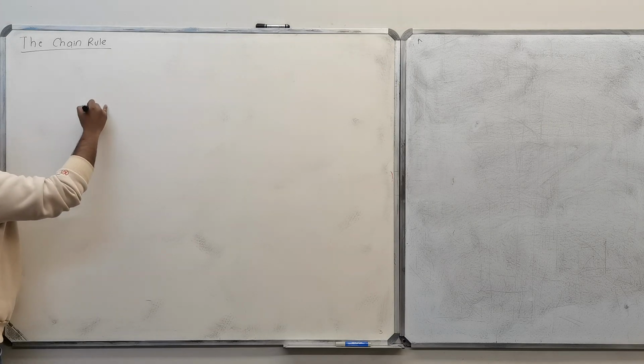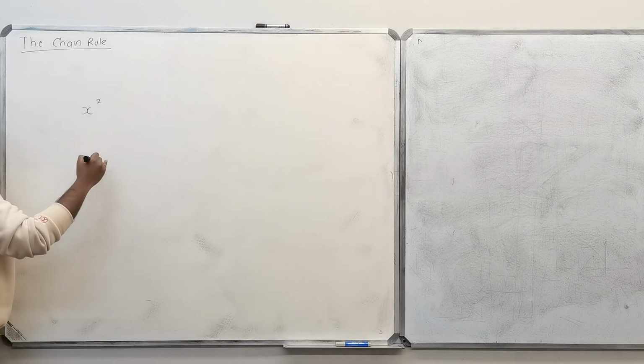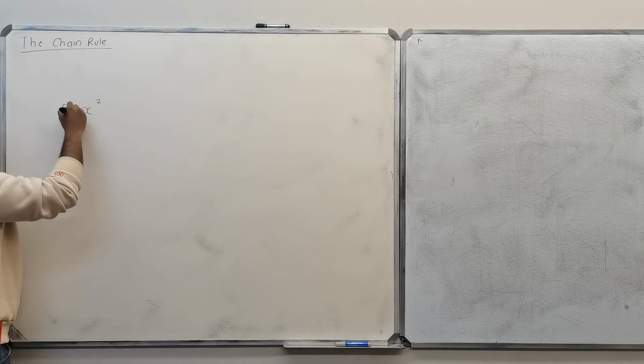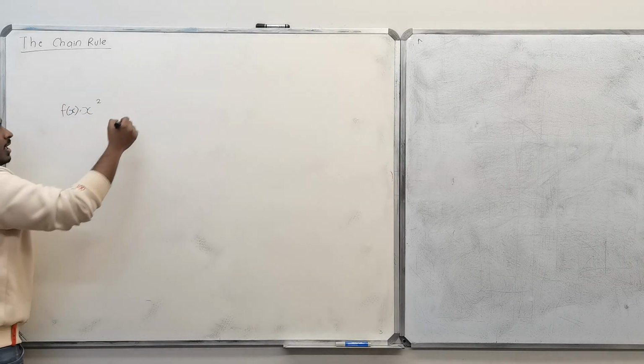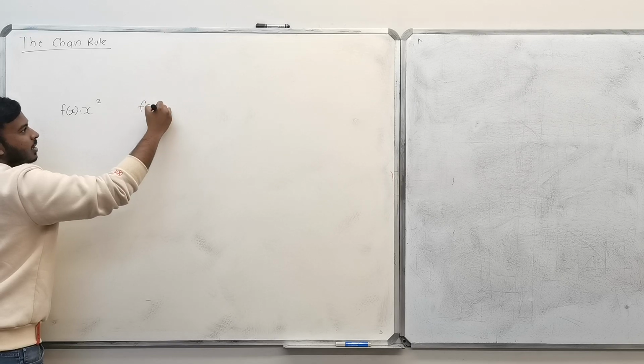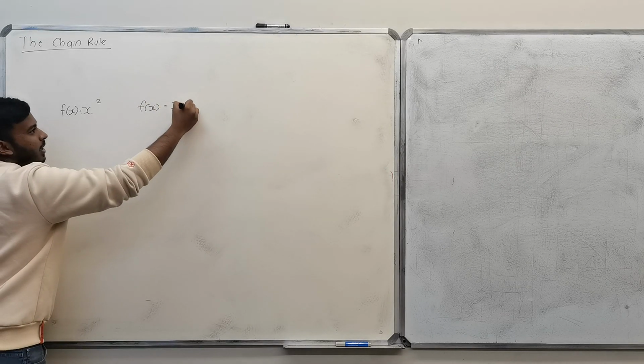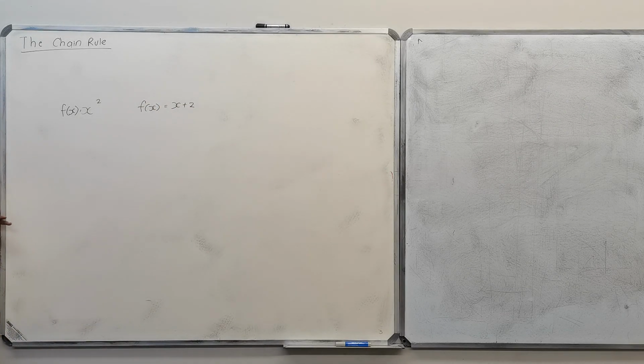Okay. See, an example of a function is x squared. So I'll call this f of x. Another example of a function is x plus 2. So this is a function of x. x is your independent variable.